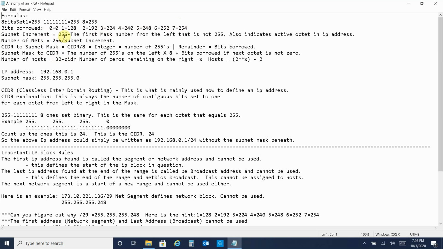The subnet increment is very important. And then the number of nets. The subnet increment is what a lot of people call the magic number. The rest of these are how you do a CIDR to a subnet mask and a subnet mask to CIDR. The number of hosts is the only thing you will ever need a calculator for.